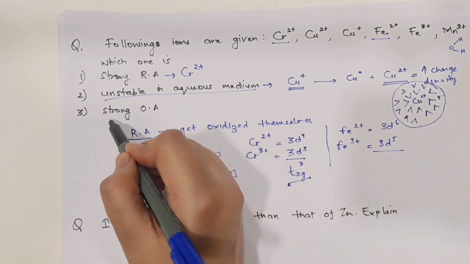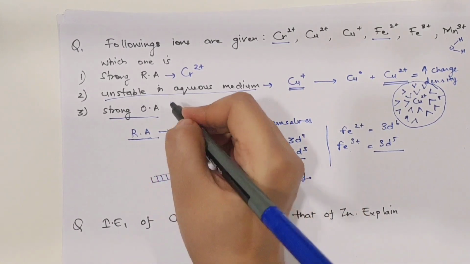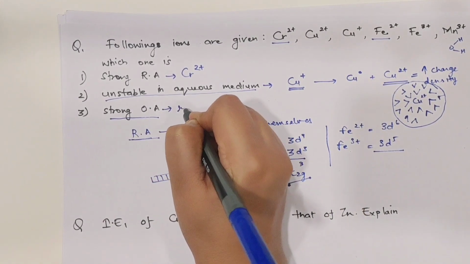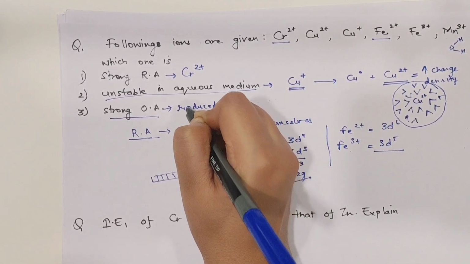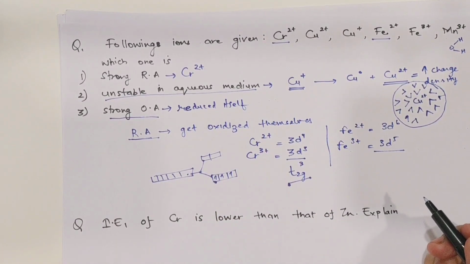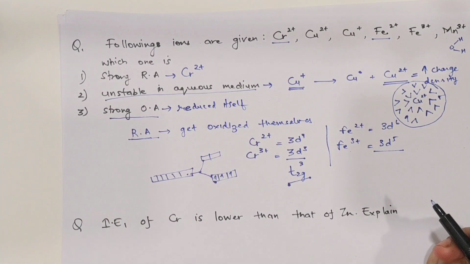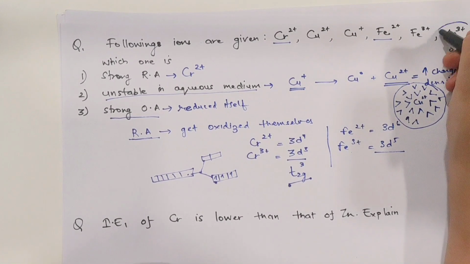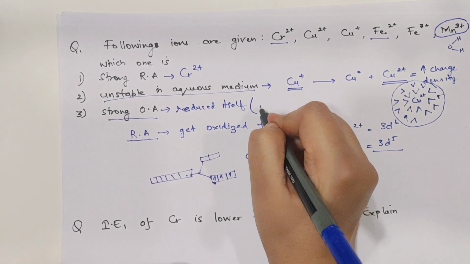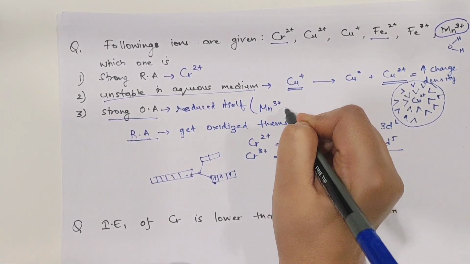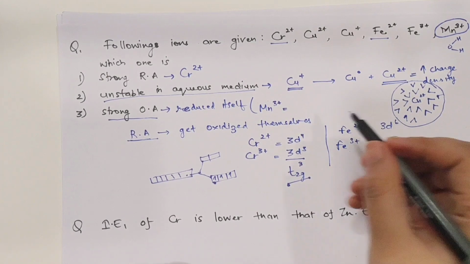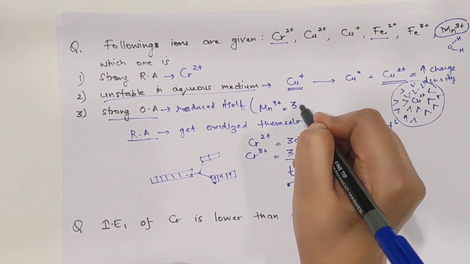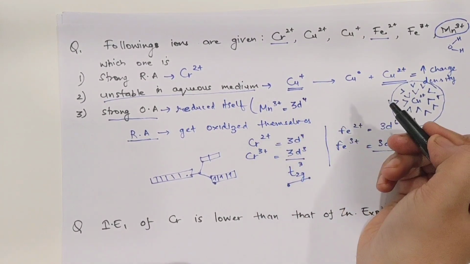Next, strong oxidizing agent. A strong oxidizing agent would be the one which would get reduced itself. It's something that is very eager to get reduced. Now, which one is very eager to get reduced? Mn3 plus. Manganese has the configuration 3d5 4s2, so Mn3 plus would be 3d4, right?